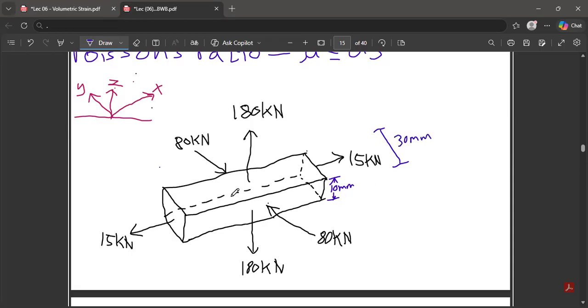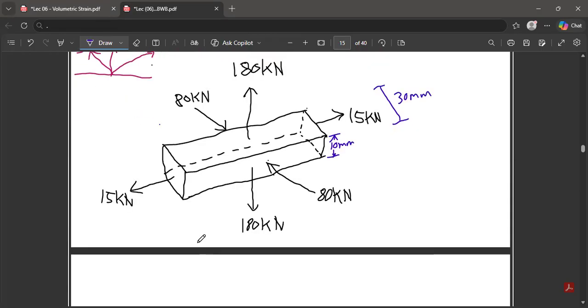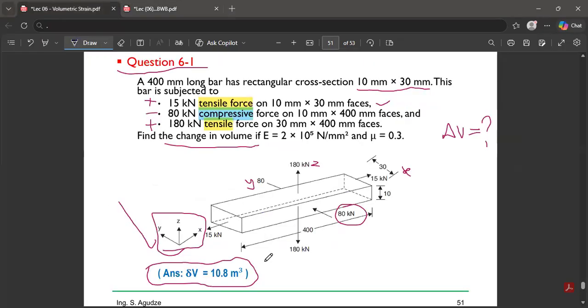And the length of the bar, which I think we all know, that is from here to here. The length of the bar itself is equal to what? 400 mm. Okay, so I hope we all know it was given in the question, as simple as ABC.